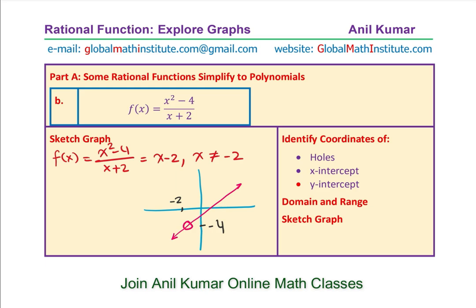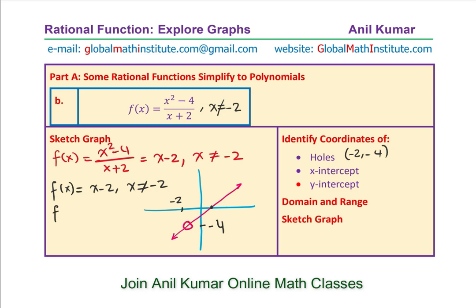Well, so we have found that in this particular case where the restriction is that x is not equal to minus 2, the hole is at (minus 2, minus 4), right? The x-intercept in this case you can find since we wrote f of x as indeed equal to x minus 2, right? Where x is not equal to minus 2.